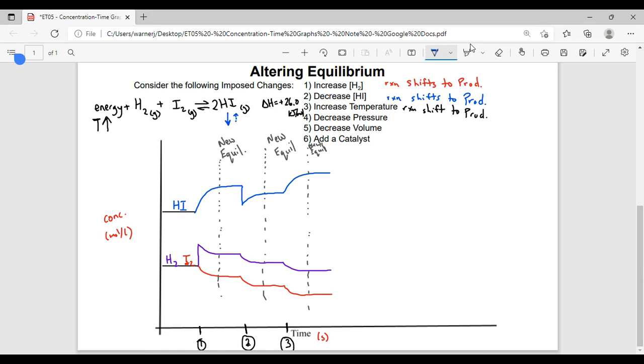A lot of the time in a lab, we might set up a reaction in a constant sized vessel, but we as the experimenter might have the ability to adjust its pressure inside. That can be done by changing the volume of the container. Sometimes they have a piston that you can push down and lock in place to change the pressure, or raise up and lock in place.